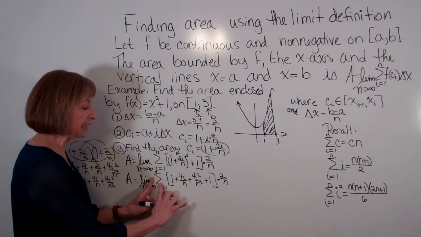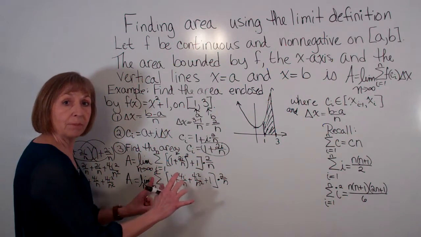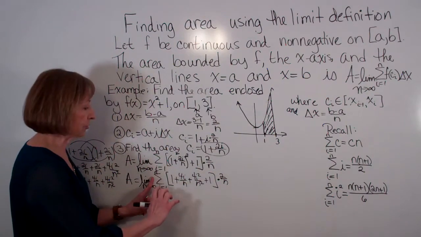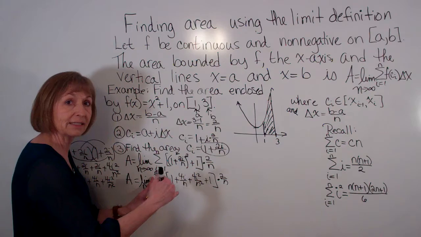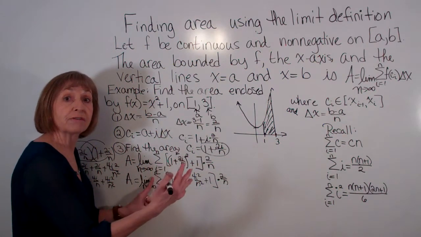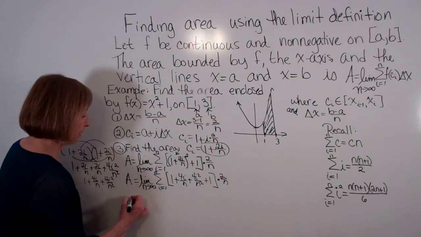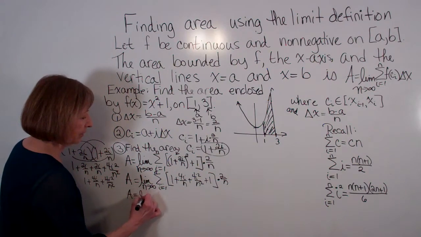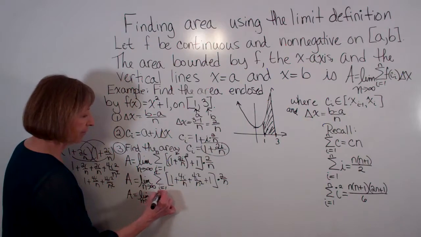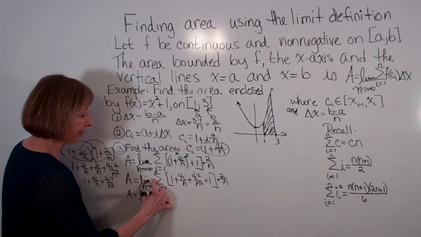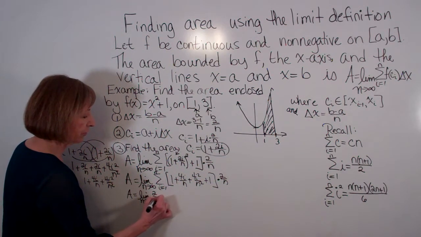And then summations can be broken up over addition or subtraction. So the sum of an addition or a subtraction is the addition or subtraction of the sums. So we're going to have our area is equal to the limit as n approaches infinity. I'm going to factor this 2 over n in front of the summation, so it's 2 over n.